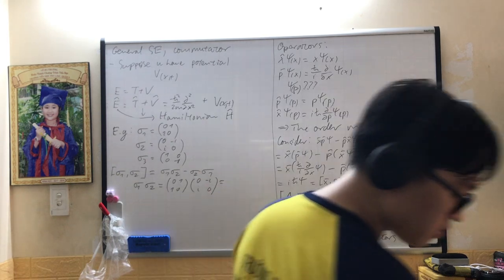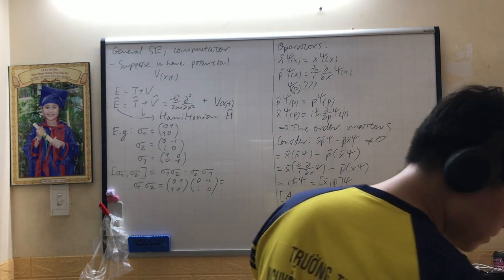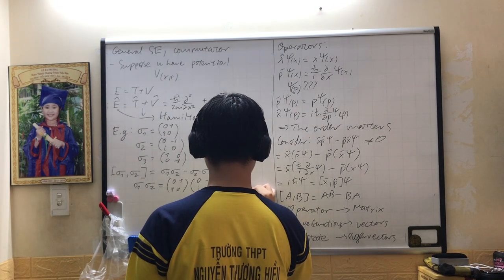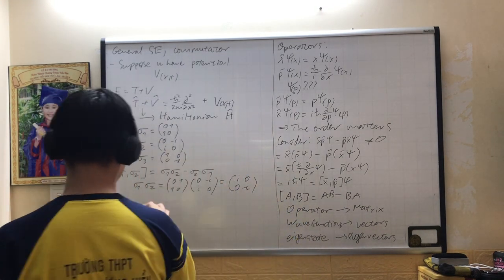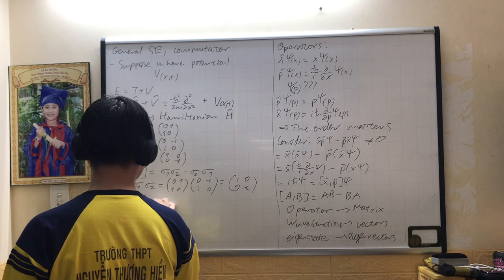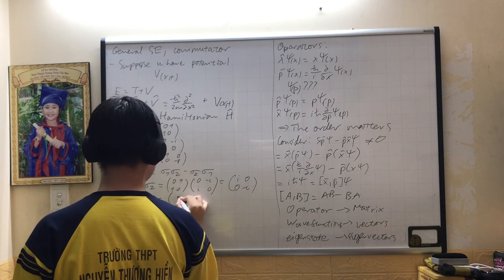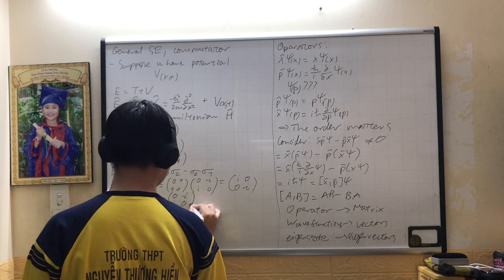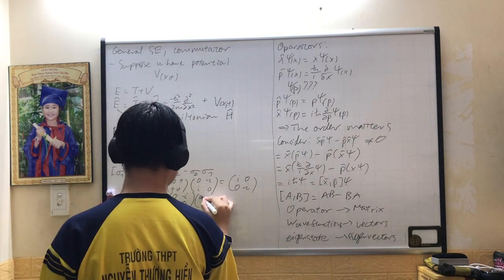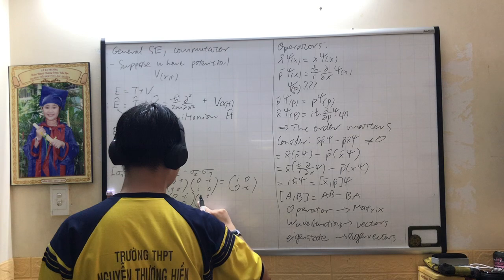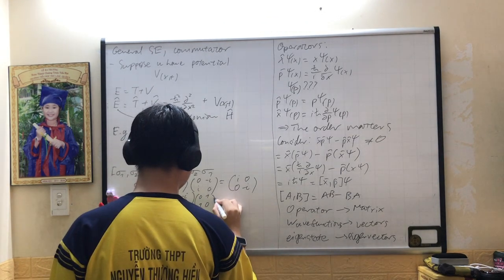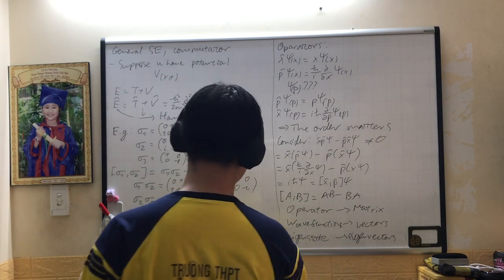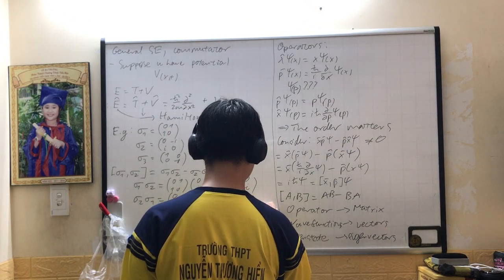Or to be quicker, I'm just going to look at the answer. This is i, 0, 0, minus i. And the other one is sigma 2 sigma 1. Remember the order matters, so these would not be the same. That is minus i first.